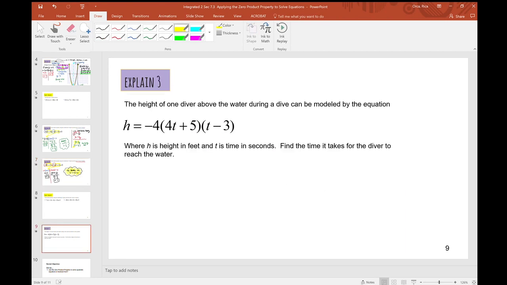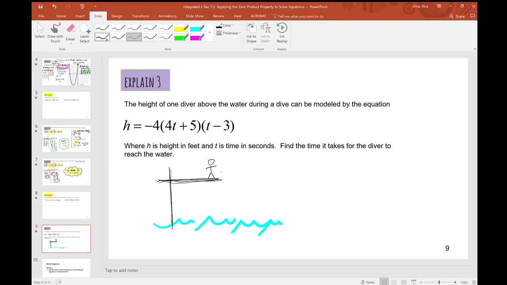Moving on. Explain 3. The height of one diver above the water during a dive can be modeled by the equation h equals -4 times (4t plus 5) times (t minus 3), where h is height in feet and t is time in seconds. Find the time it takes for the diver to reach the water. So I went ahead and drew a picture of a swimmer who's on a diving board.